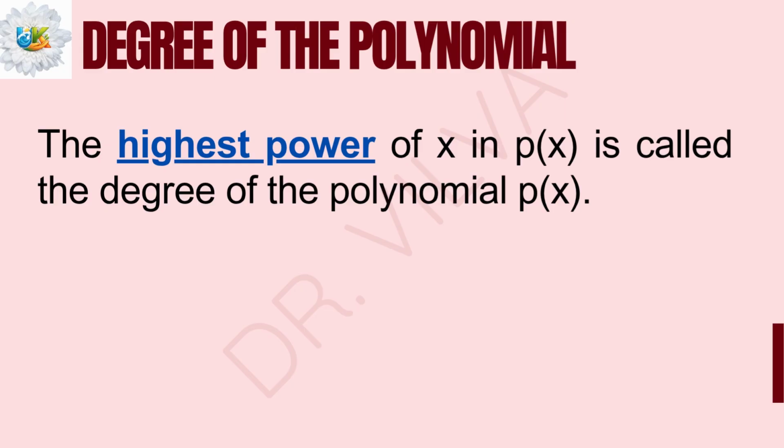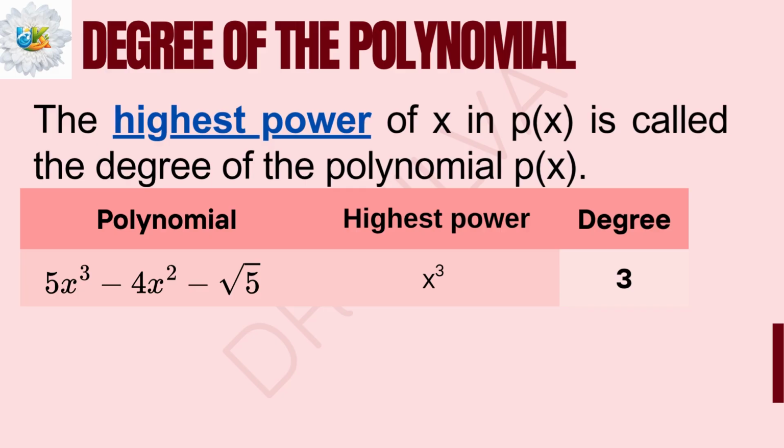Now, how do we measure the strength of a polynomial? We use something called the degree. The degree is simply the highest power of the variable in the expression. Let us look at this table. Did you see that? If you have 5x cube, the power is 3, which is the greatest power in the expression.